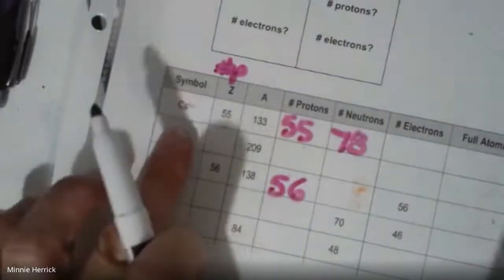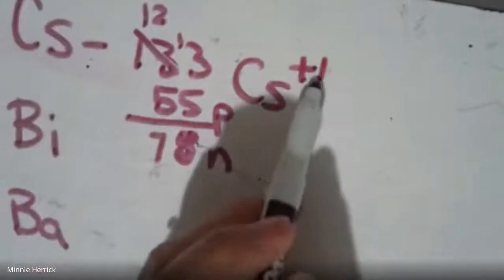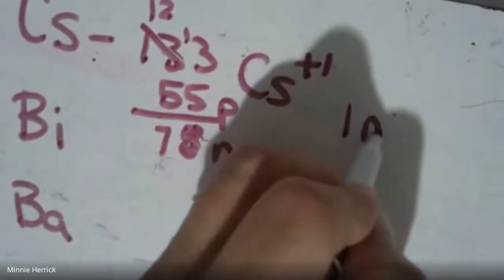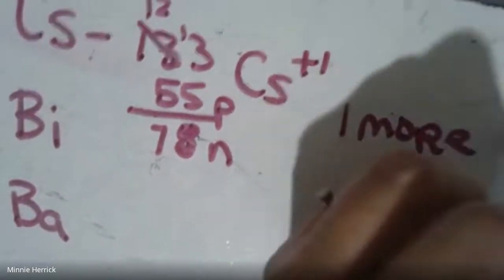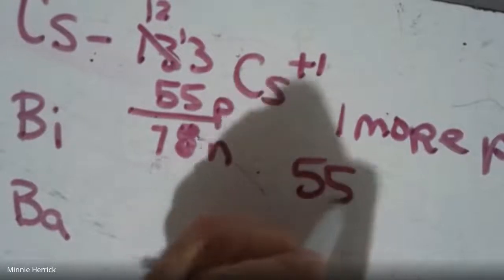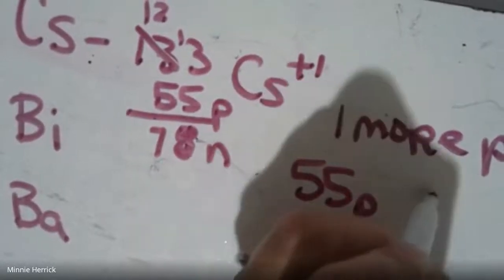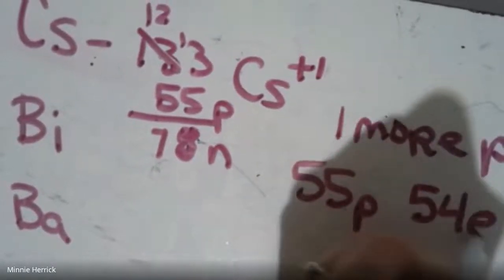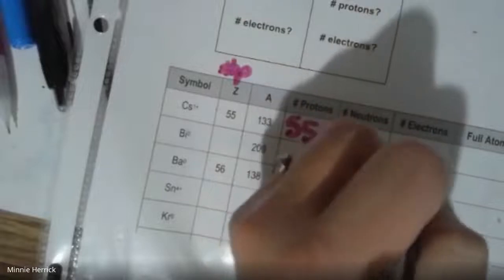Okay? So then the electrons: because it's a +1 ion, that means you've got one more proton than electron. So you're going to have 55 protons, and one more makes your electrons less. So you have 55 protons and 54 electrons, so you're going to fill this out and make it 54.